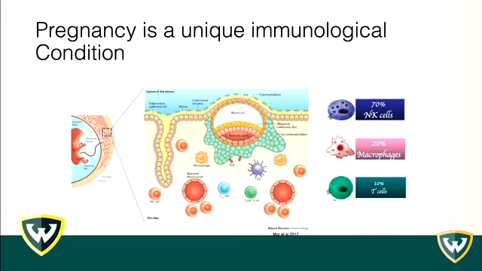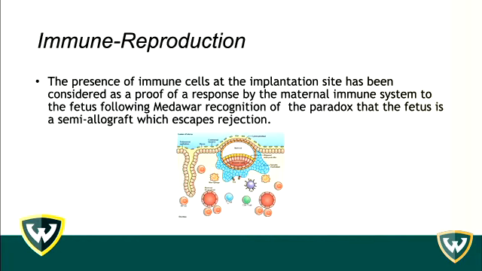And when we look carefully at what type of immune cells are present at the implantation site, we see that you have NK cells, T cells, dendritic cells, CD8 positive cells, macrophages, and so on. NK cells, which are the big attackers or rejectors of foreign bodies, represent 70% of the cells that are present in the uterus.